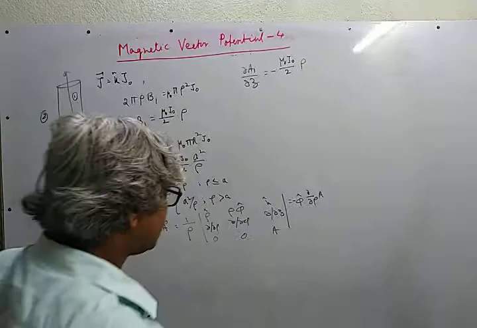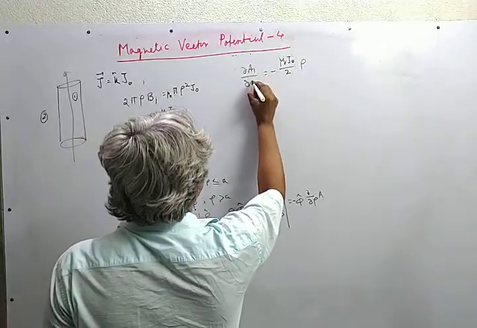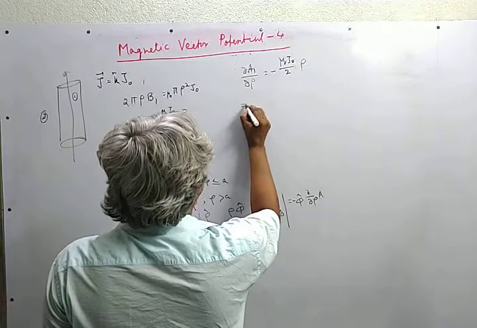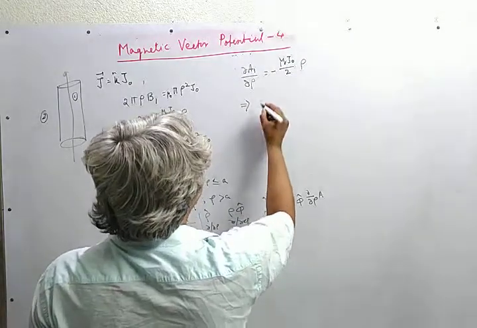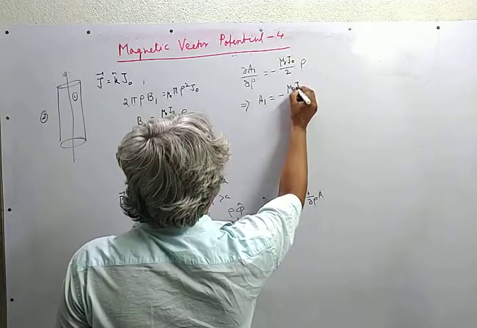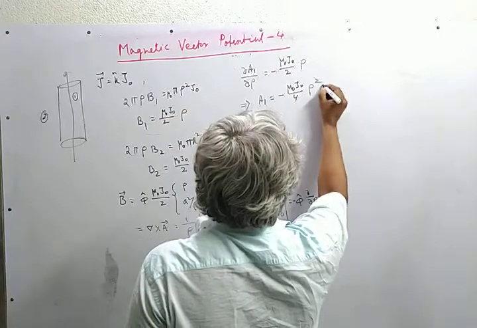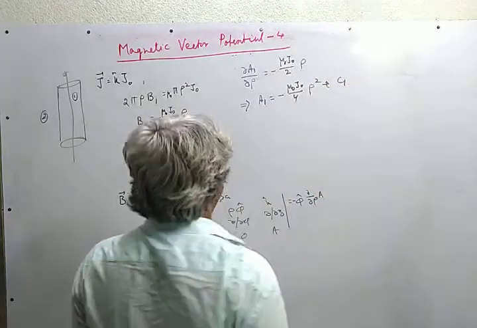I had written something wrong; this should be rho. This gives A1 equal to minus mu 0 J0 by 4 rho square plus some constant C1.